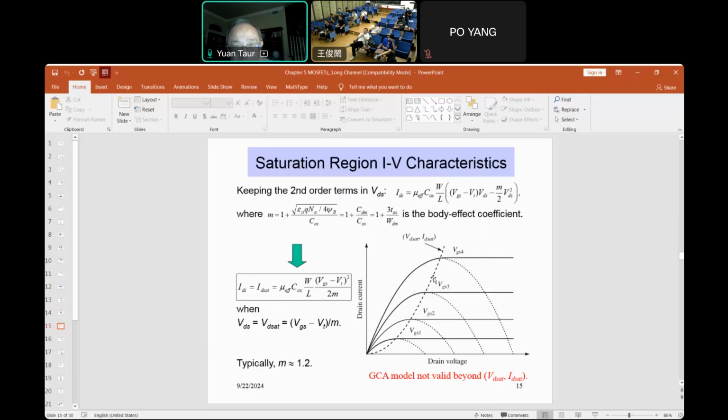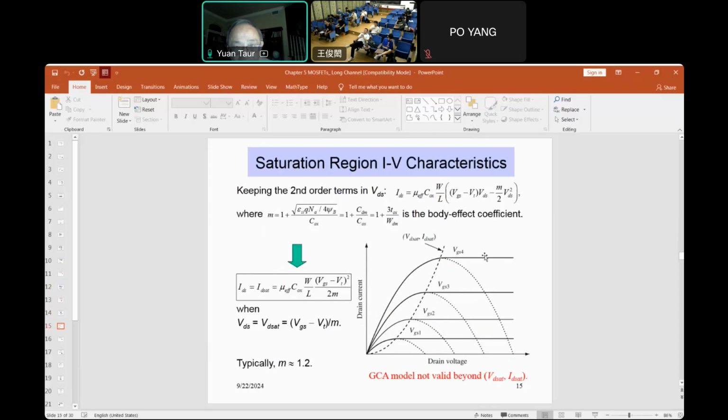I mean, if you follow it, it actually goes down, okay, because this is parabolic. So beyond the maximum, it goes down. But of course, we don't follow this model because it's not valid beyond that.